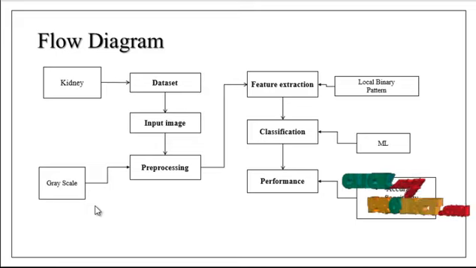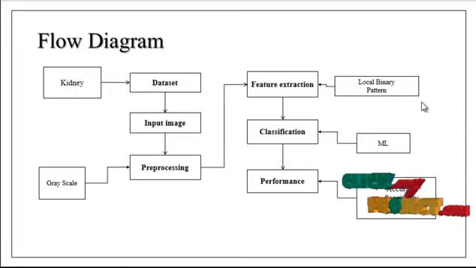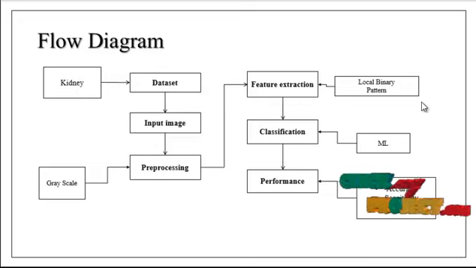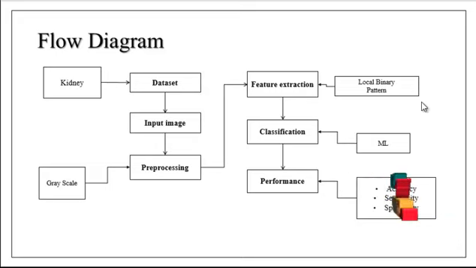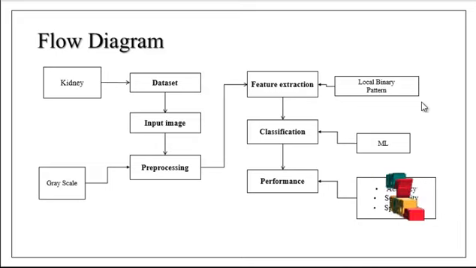After doing the pre-processing, the feature extraction will be carried out. In this feature extraction, majorly we have the local binary pattern, and then additionally we apply deep learning by means of the convolutional neural network. In this feature extraction step, local binary pattern is used to extract the pattern features from the segmented image.